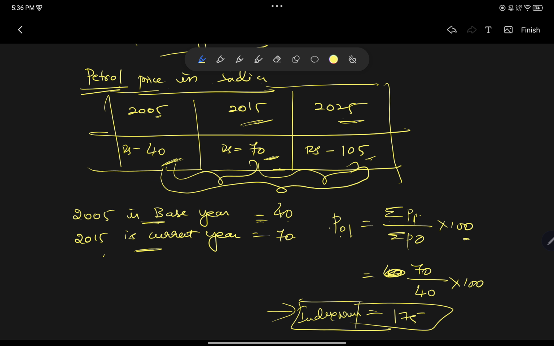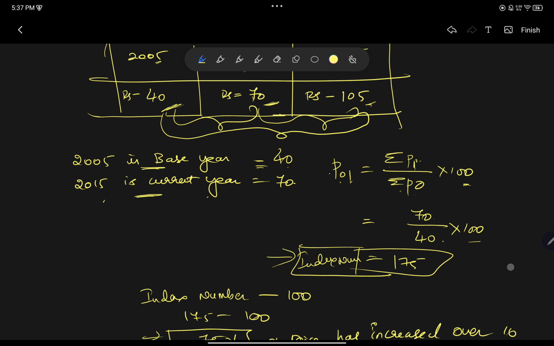Total of P1, that is current year, 70 rupees. Denominator, total of P0, that is 40 rupees. 70 divided by 40 into 100 is equal to 175. That is your index number. 100 is used here because index numbers are usually denoted as percentage. That's why we multiply with 100. So I have got 175 as an index number.